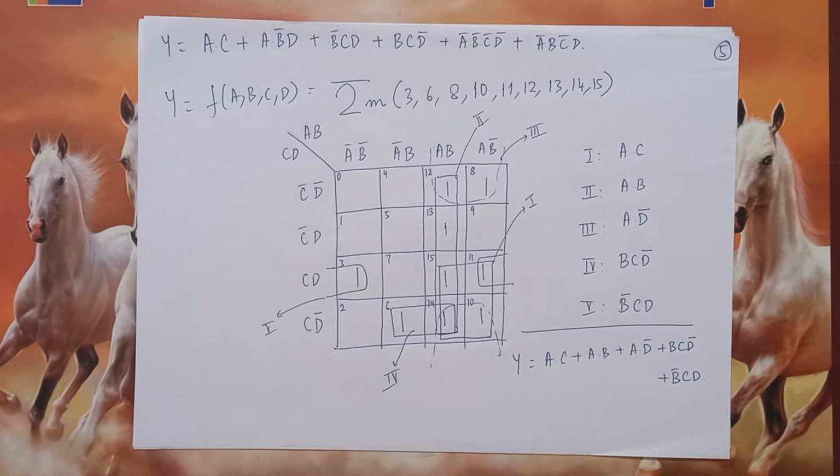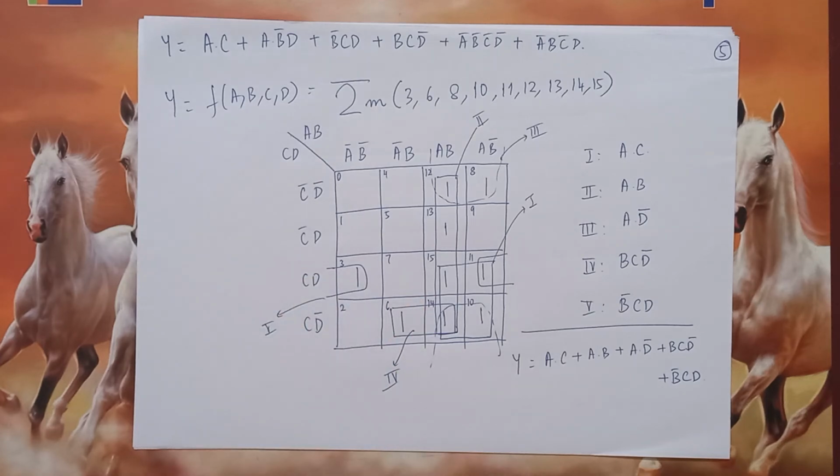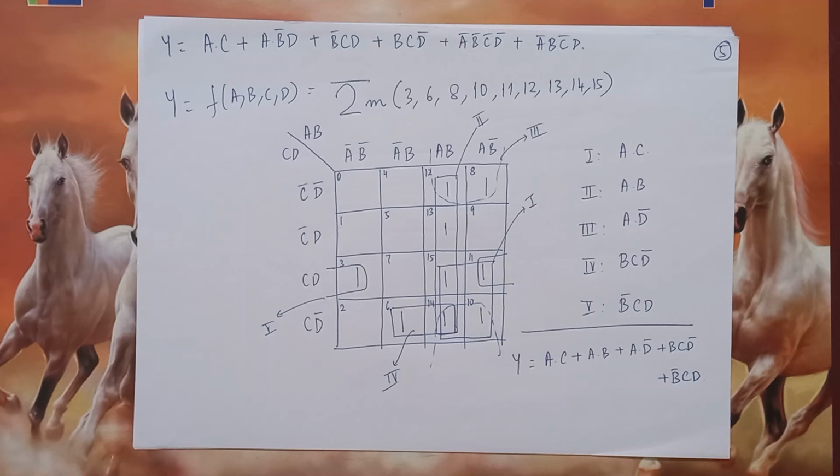This is how you solve a 4 variable K-map. Now, we saw that there are many ways to do this. However, after constructing a K-map, you may find some functions where you will not find a single group of ones or zeros, because there may be no neighboring ones or zeros, either vertically or horizontally.